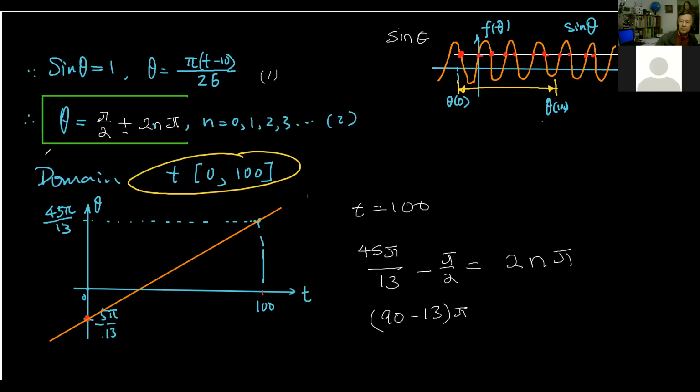How can you solve for n? Can you factorize and divide by pi on both sides? So that means 70. I got nearly an integer now, right? But it could be an integer.